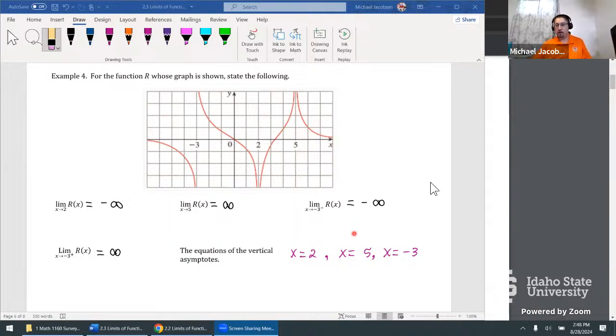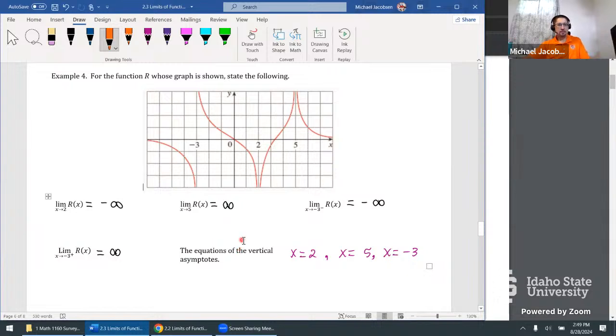Macy asks, will we have problems where it asks for both asymptotes? I think that would be a possible question that could come up. So I'm glad you asked that one. If it were asking for other asymptotes, the wording would have to change here. It might say the equations of all asymptotes, and I'd have to be very specific on the wording. I probably would capitalize all or put all in bold or something like that.